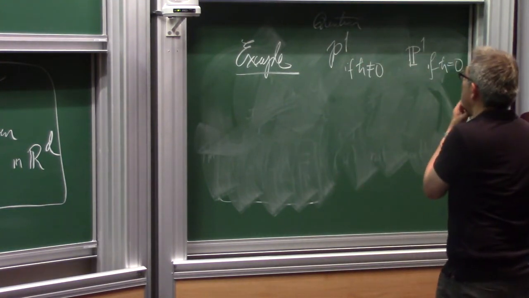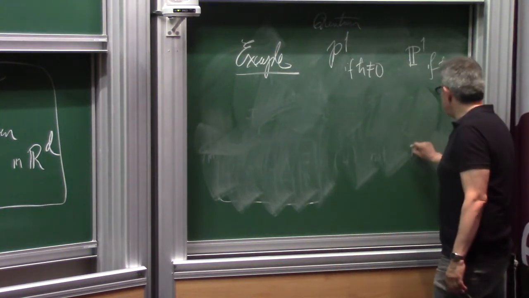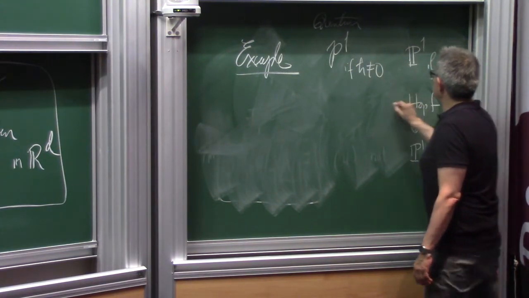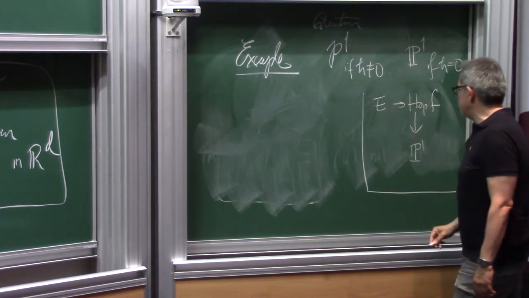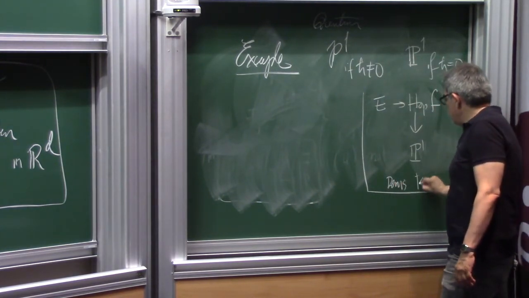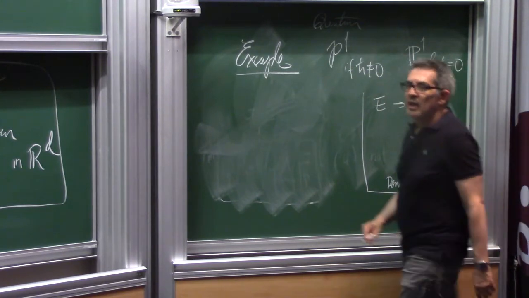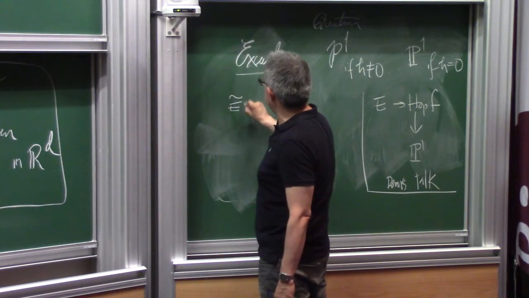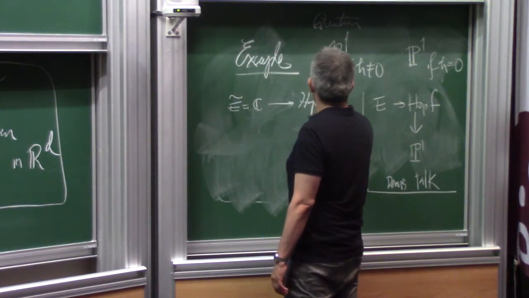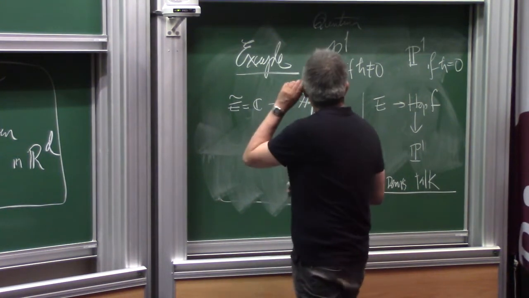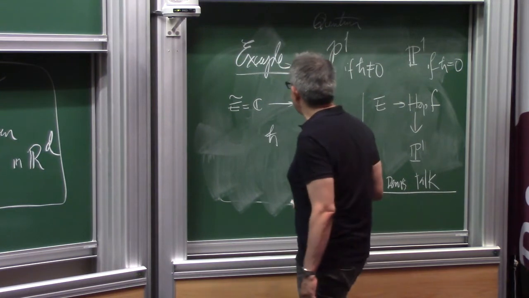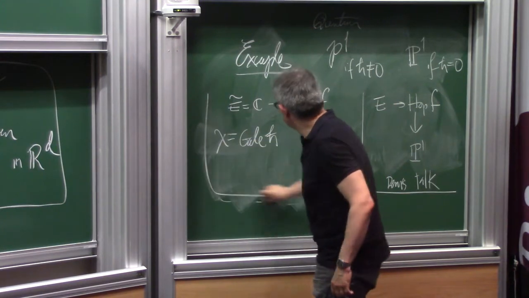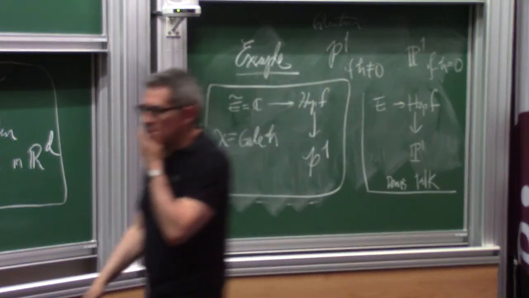And this quantum P1, this is the Hopf, and this is what was mentioned in Denis' talk. And now all this is parameterized by this h bar, but really by the Gale transform of h bar, let me call it lambda.